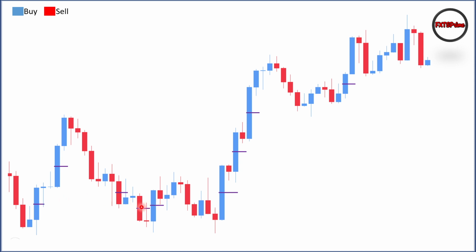If I have a candle which is not crossing the 50% of the previous candle, we call this not overlapping, or the candle doesn't overlap. So for example, this one doesn't overlap because it did not cross the 50%. This one doesn't overlap and this one doesn't overlap.